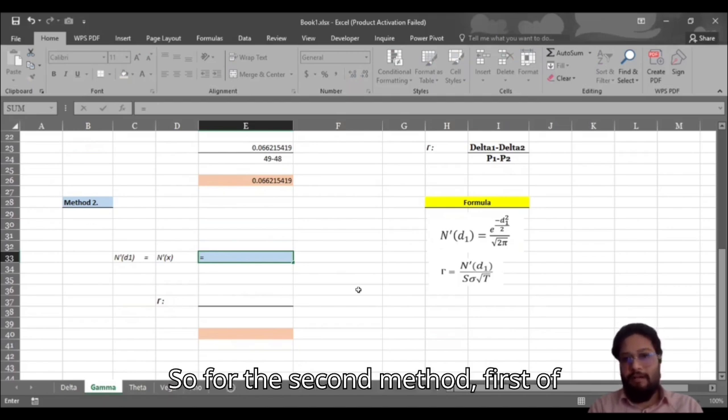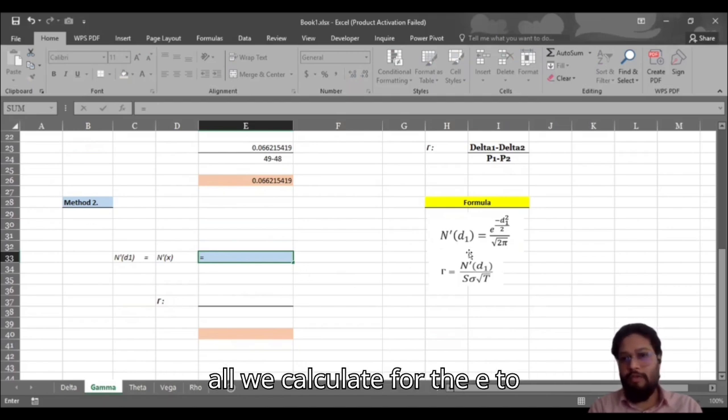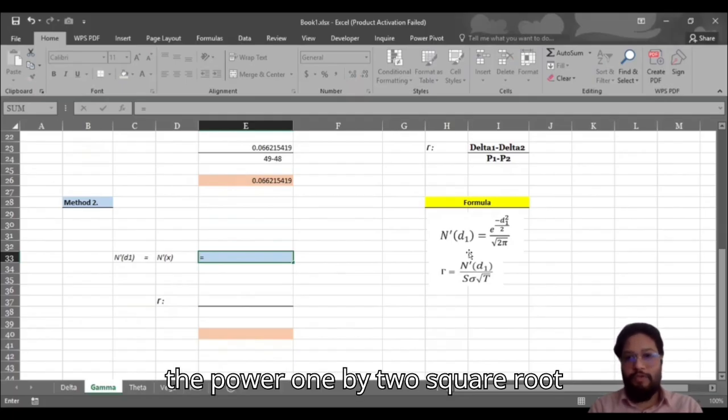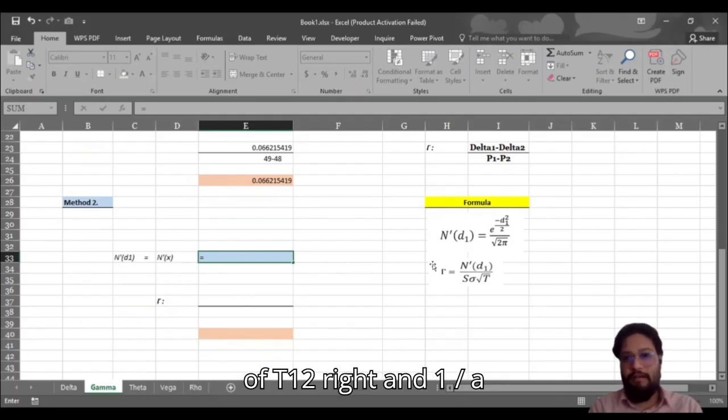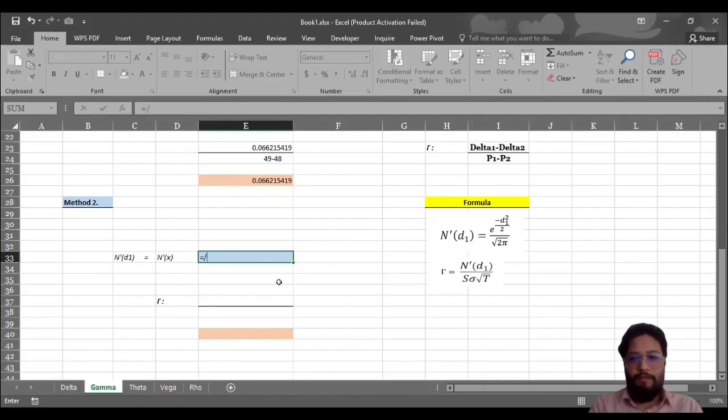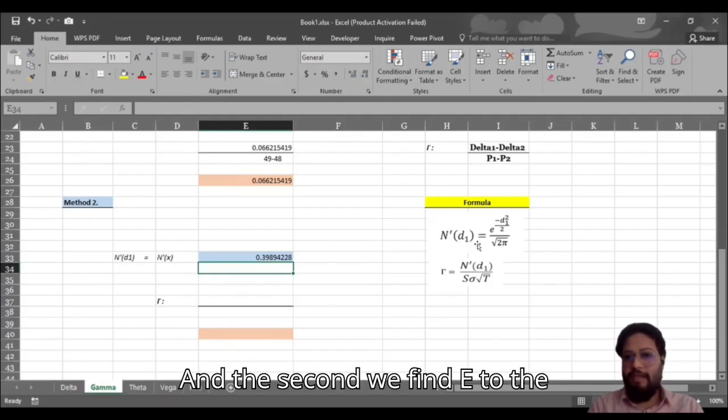So for the second method, first of all, we calculate e to the power 1 by 2 square root of T, divided by the square root of 2 pi. And second, we find e to the power minus d1 square by 2.